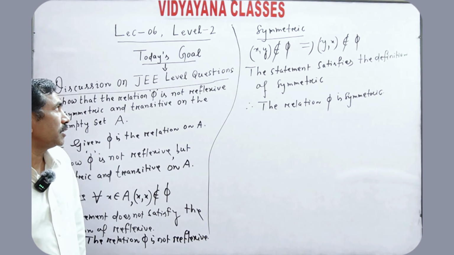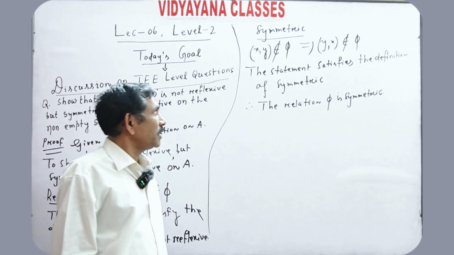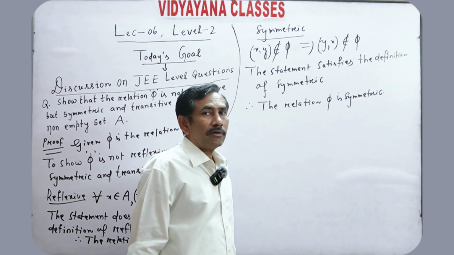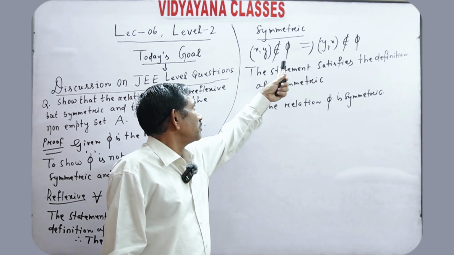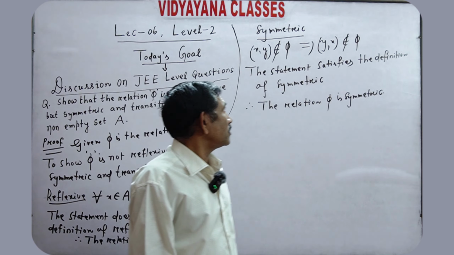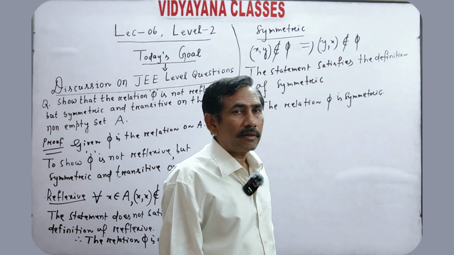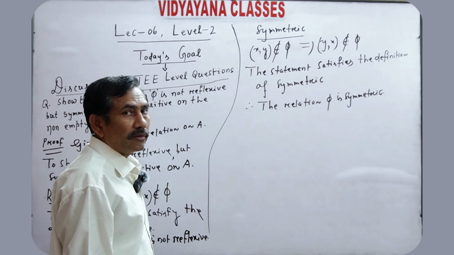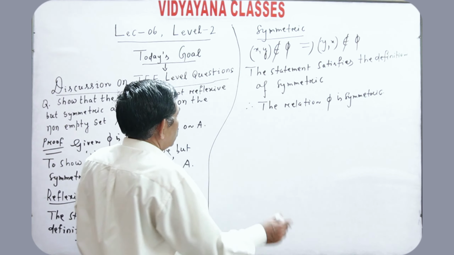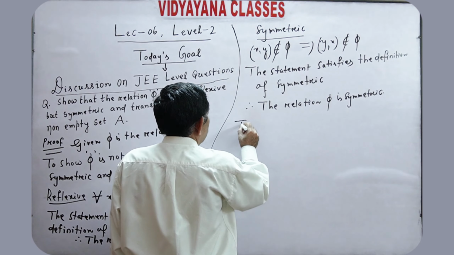Or we can say (x, y) does not belong to phi implies (y, x) does not belong to phi. (x, y) does not belong to R implies (y, x) does not belong to R. Clear? Okay. Transitive.